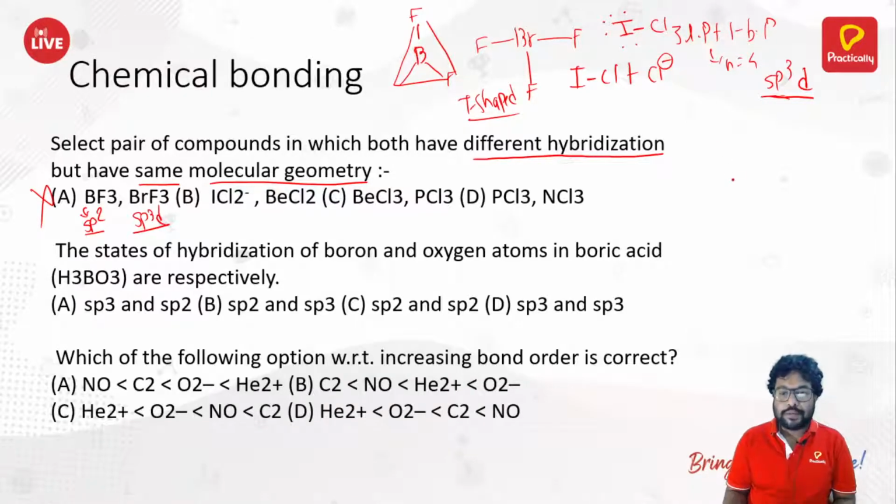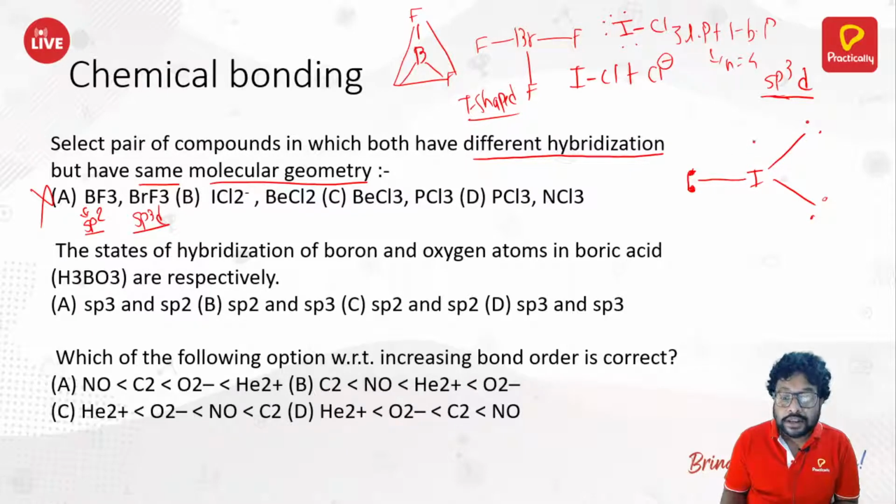And what is the shape of sp3d? The geometry of sp3d is always trigonal bipyramidal, where you have a lone pair here, a lone pair here, a lone pair here, and one chlorine here, another chlorine here. So this is the shape.